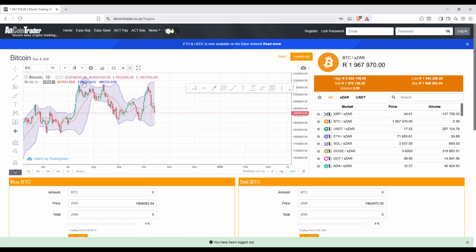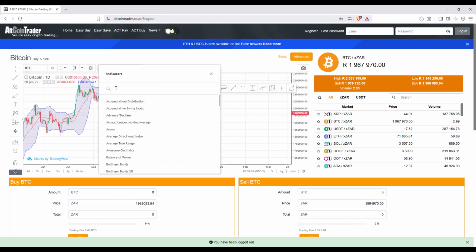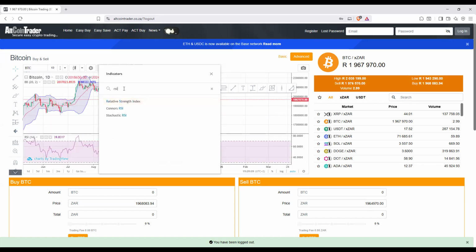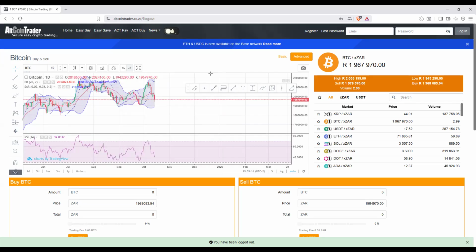And then we started adding things like RSI, relative strength index, and parabolic SAR, and different tools. So looking at the market now, we can see the market is in a good place to buy if you take it for a 1 day market. Over there was a good place to sell.